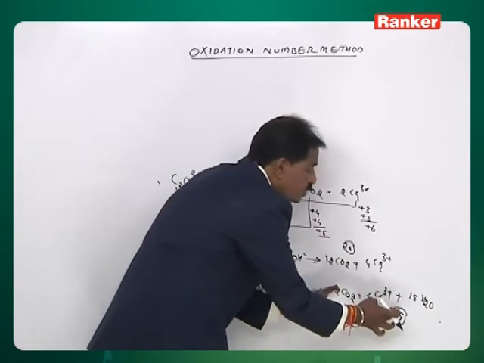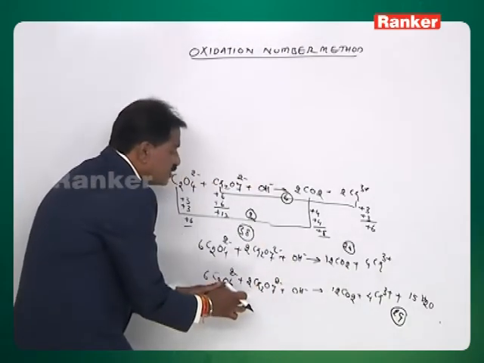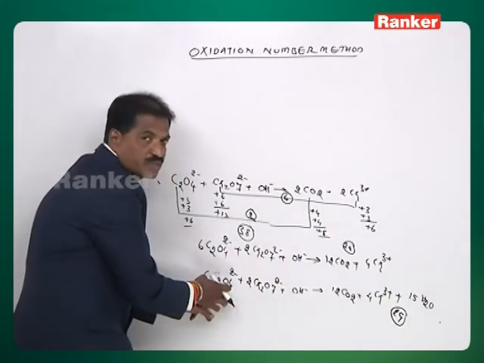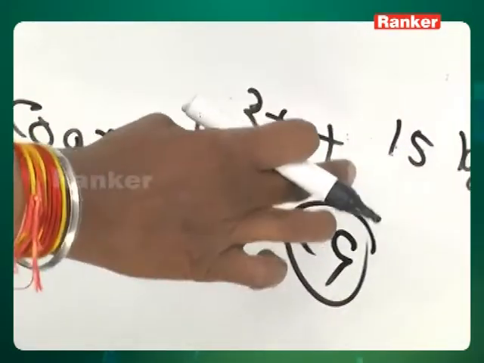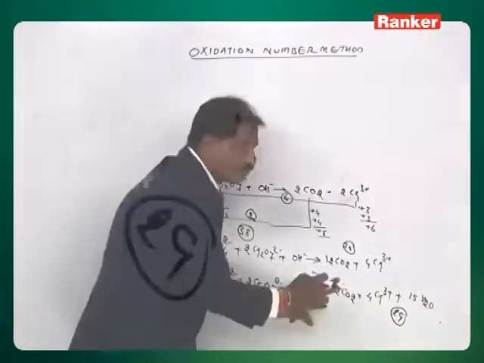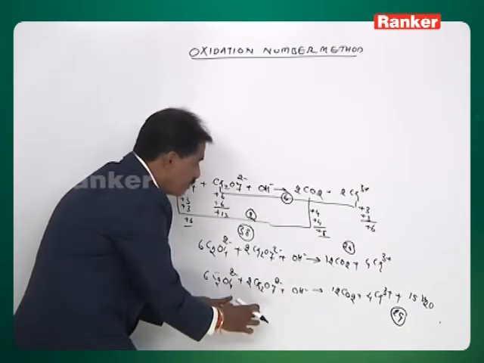Then if you add the OH groups, in the same step, simultaneously we have to add the same number of water molecules to its opposite side. That means in this entire process, on the excess side OH groups have to be added, and to the deficient side H2O, that means water molecules, have to be added.